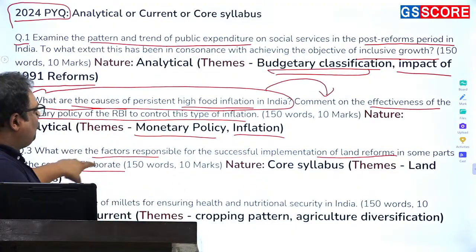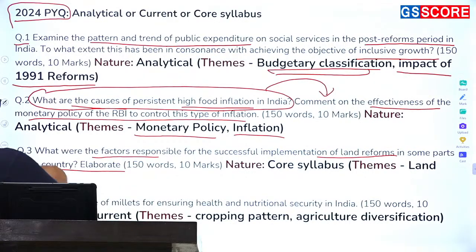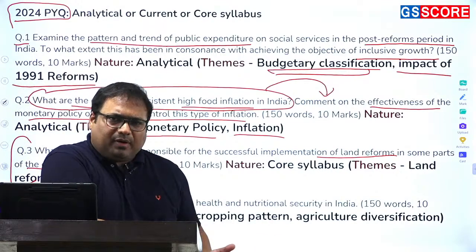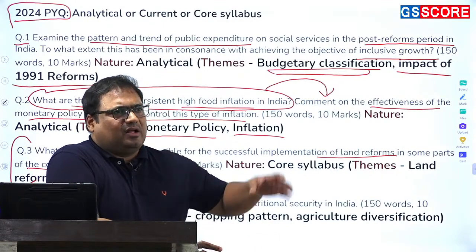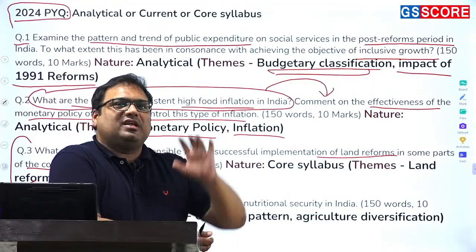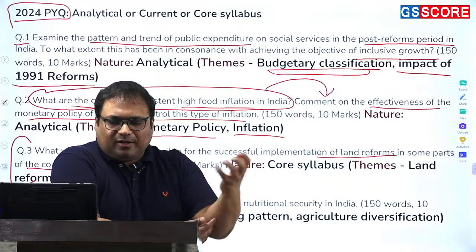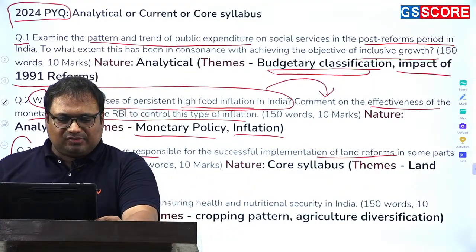So this is a question which you can directly trace in the syllabus as well. Okay, and land reform must be prepared as a theme also. So it's not that the syllabus and theme have to be mutually exclusive. It's not as if themes fall from the sky; we are reinterpreting them from the syllabus only. We are trying to interpret those themes out of the syllabus only.